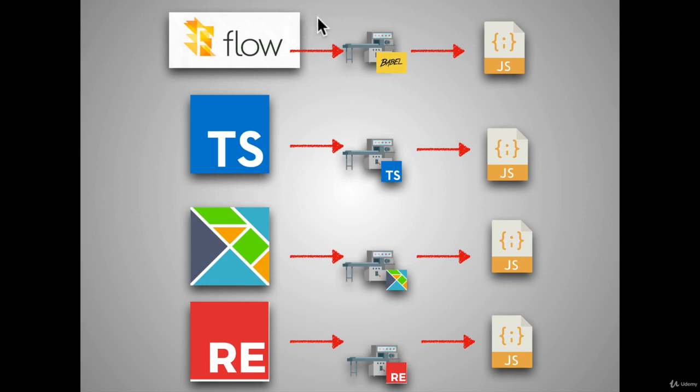It takes ES6 code or ES7 or ES8 code and changes it into ES5 code so that all browsers can understand it. Now, Flow is a static type checker, which means we're actually writing something like this at the top of our files.